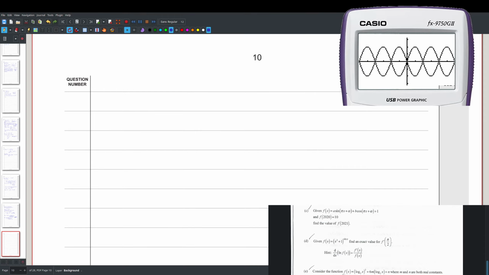Given this. Bro, what? Oh, this is one of those dumb questions. Alright, it's all good. Okay, so you implicit diff, right? Something like that. Then you take the natural log. Yeah, implicit diff.